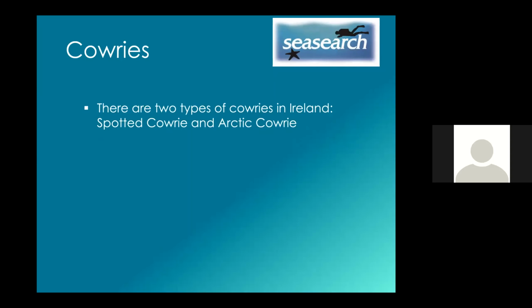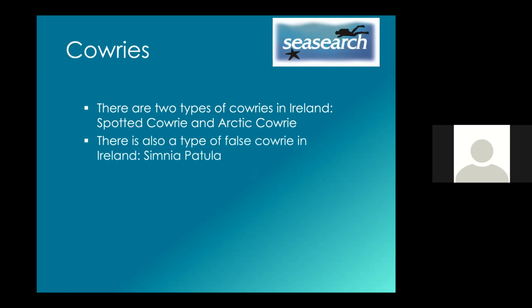They are very, very small. The biggest they can reach is around 1 centimeter, so they're quite hard to spot. But since everything is magnified underwater, with a little bit of patience, you can easily find them. We also have a type of false cowrie, which is very pretty, called Simnia patula.